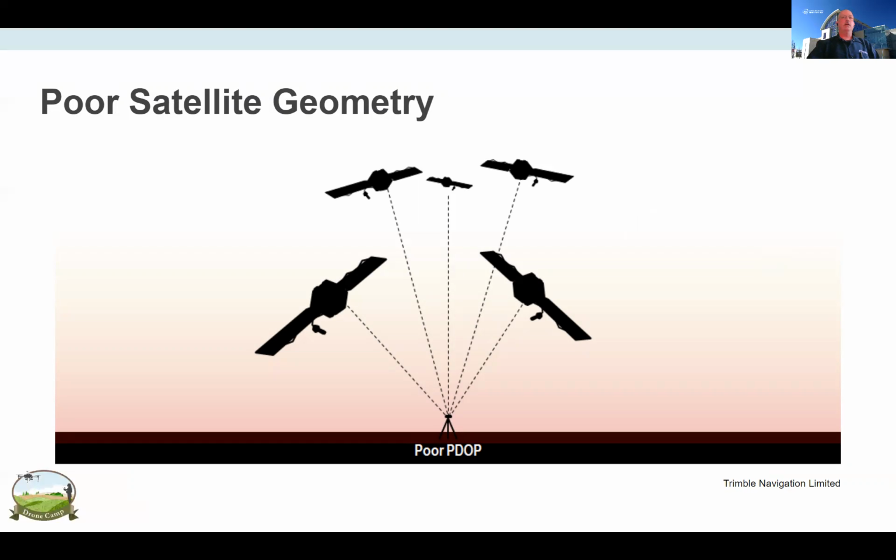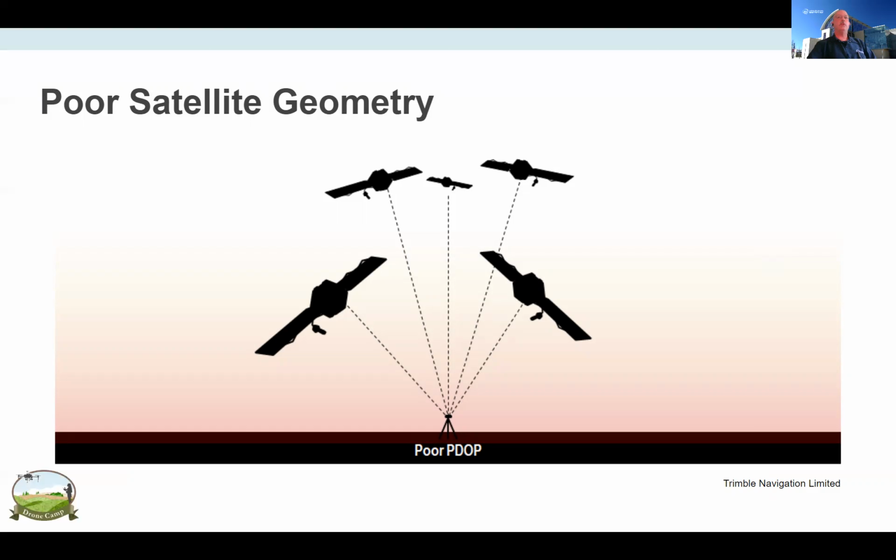So there are tools that we can use for planning when we go out to do our survey or our mapping, and it behooves us to, especially if it's a faraway place that it's going to take a lot of effort to get to, and we're going to lug a bunch of gear, and we're only going to be able to get there one time, and we have to catch the conditions at this one time.